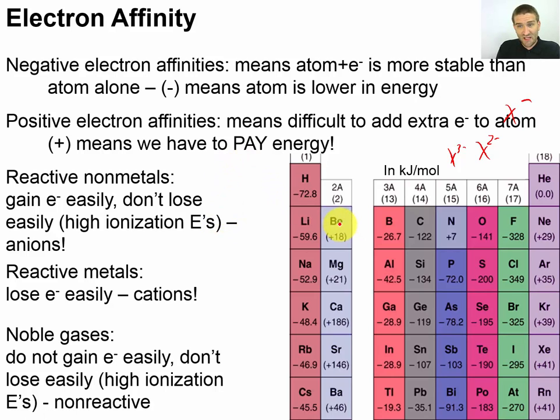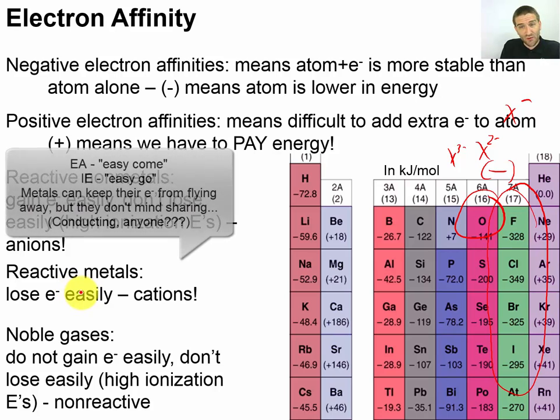Now notice that our reactive nonmetals are going to be things that can gain electrons really easily. These can gain electrons really easily, and they're also not going to lose electrons very easily. So as a result, they're typically going to end up becoming negatively charged, so these are all going to end up becoming anions. Anion, remember, that means it's going to have the negative charge.